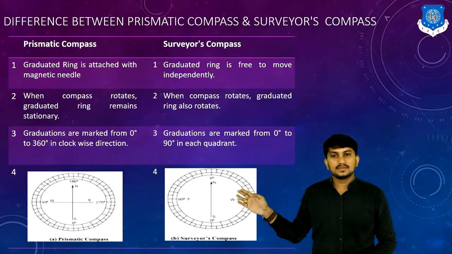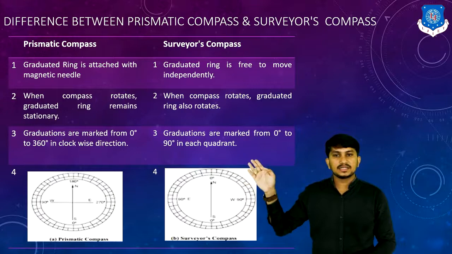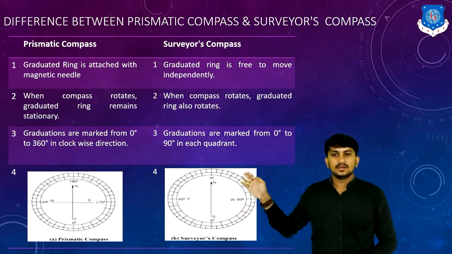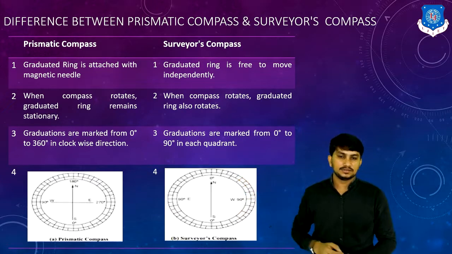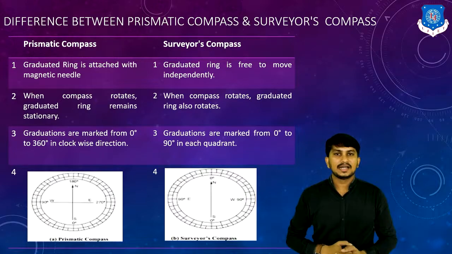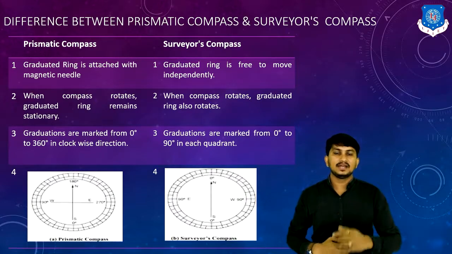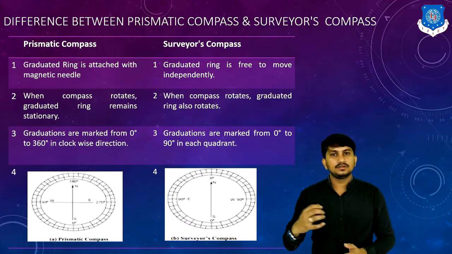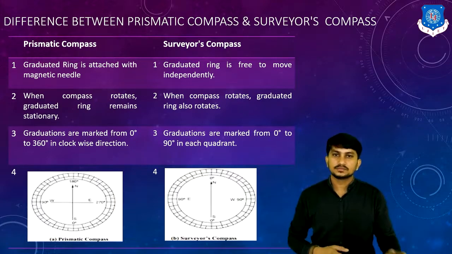In prismatic compass, in north direction 180 degree is given, east direction 270 degree, in south 0 degree is given, in west 90 degree is given. While in surveyor's compass, north and south are having 0 degree and east and west are having 90 degree, because the graduations are from 0 to 90 degree in each quadrant.